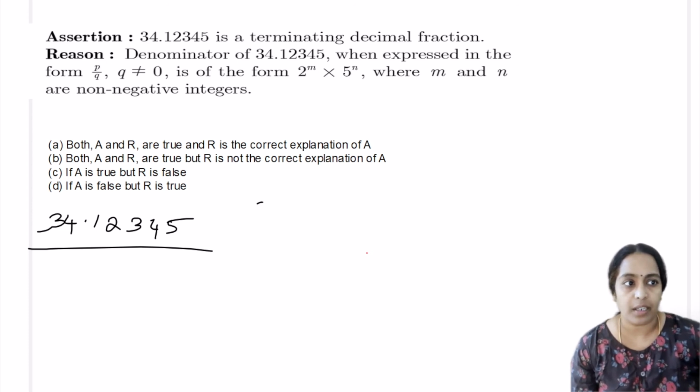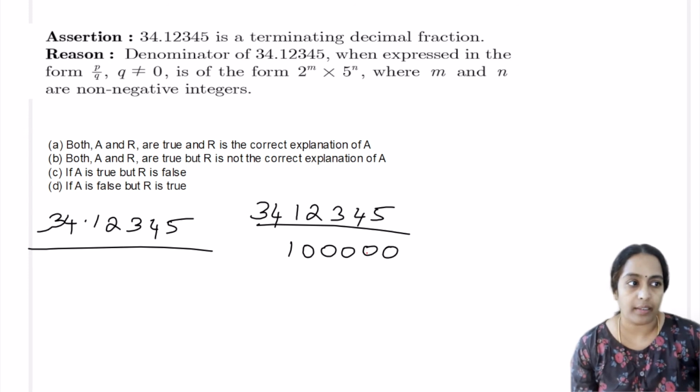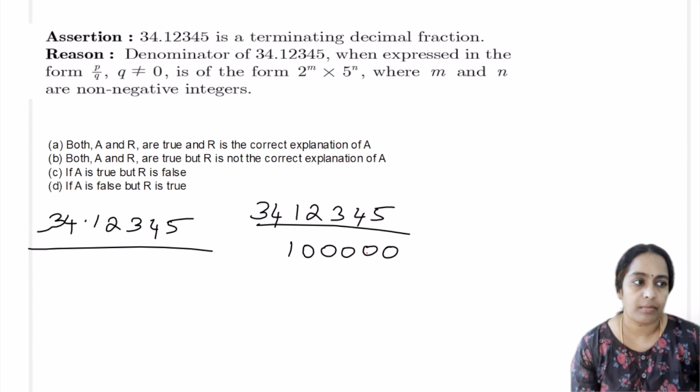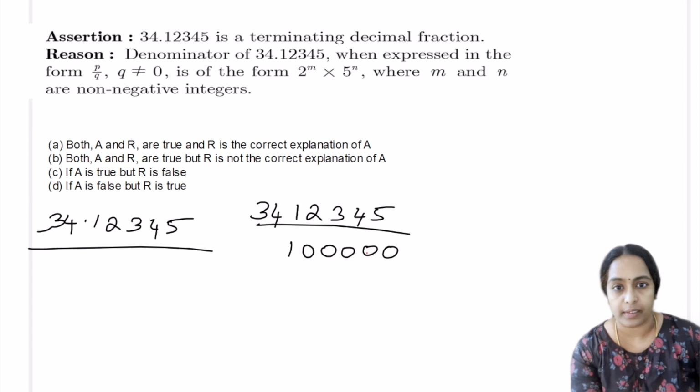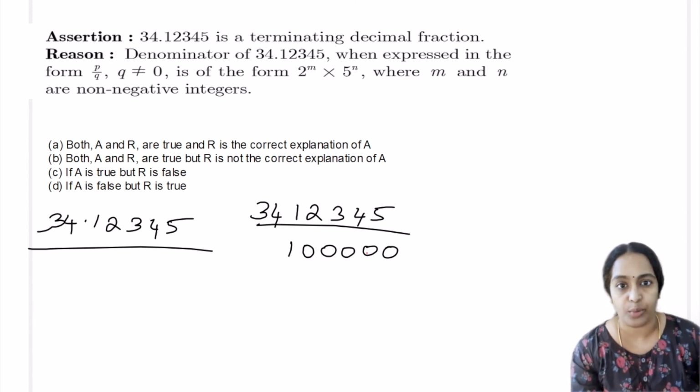You can write it in the form of 3 4 1 2 3 4 5 divided by 1 lakh, because it has 5 decimal places. So now this is the denominator. When you look at the denominator q, 1 lakh has the factors of definitely 5 and 2 and nothing else.